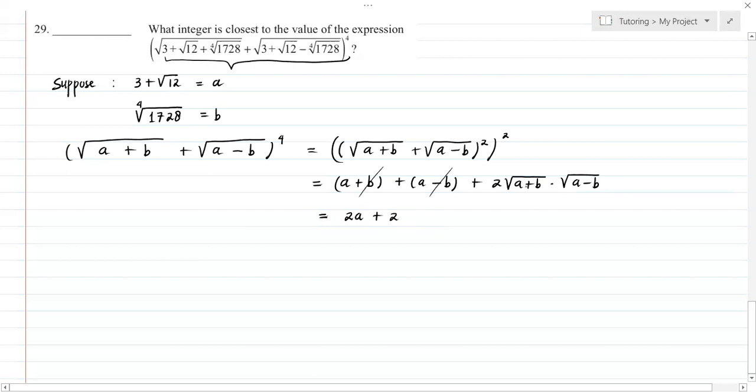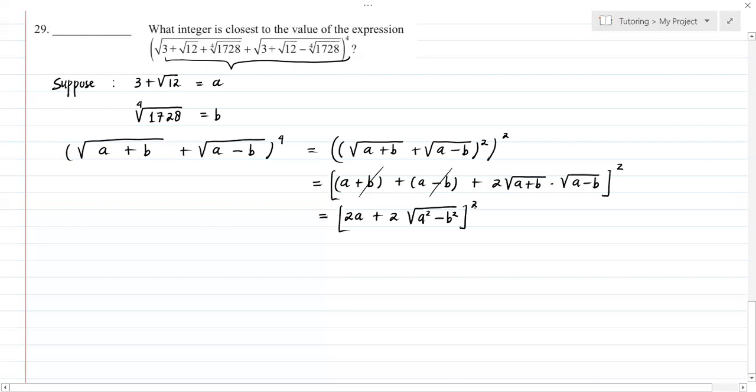We can multiply the square roots here: A plus B times A minus B, so it will be root of A squared minus B squared. And then I put power 2 here.